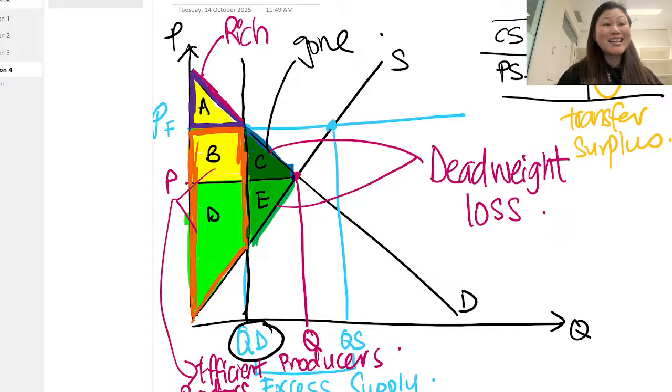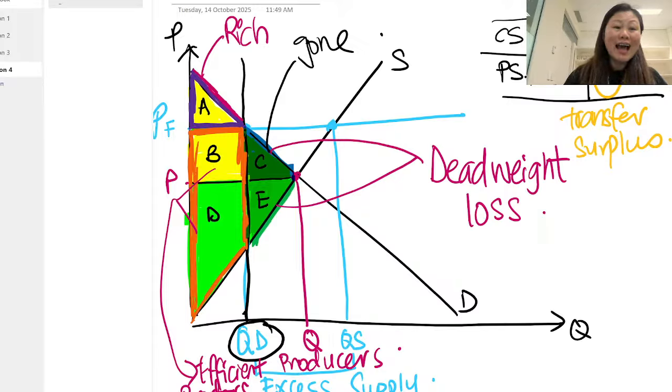Now, this is another example of how the policy did not quite pan out for the government. The government wanted to support the producers. But in the end, the losers in this particular case are both the consumers and the producers.